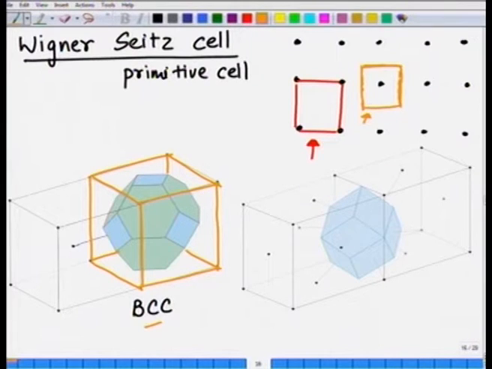You have 1 lattice point right in the center. From that center, draw lines to all other lattice points, take perpendicular bisectors of them, and what is left is this kind of structure shown here. You take perpendicular bisectors and find the smallest volume.